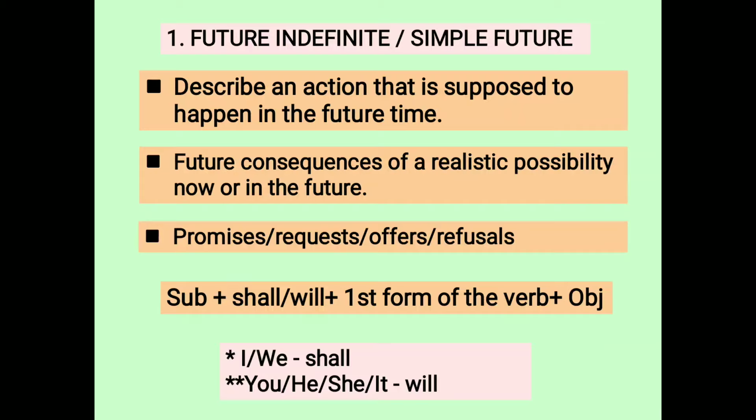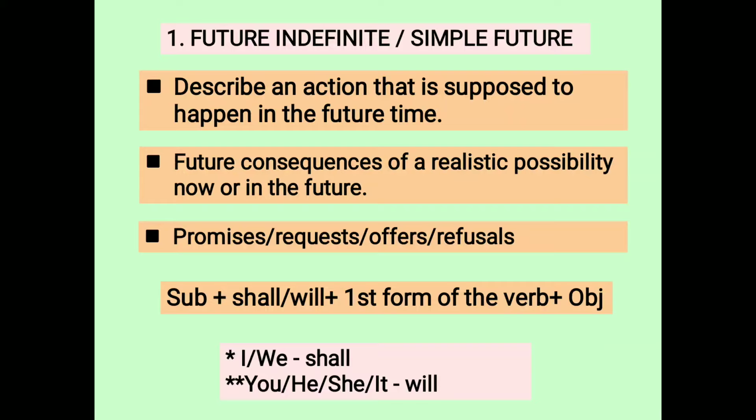Now what is the sentence structure? Let us have a look at the sentence structure of the future indefinite tense. The sentence structure is subject plus shall or will plus first form of the verb plus object.